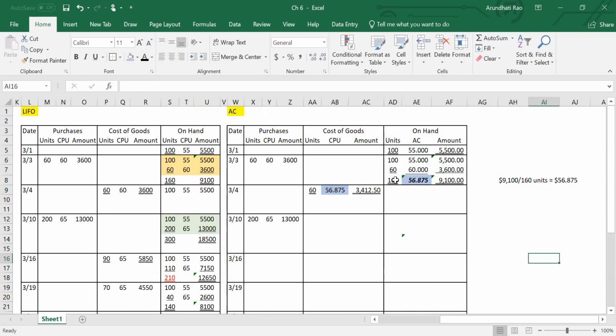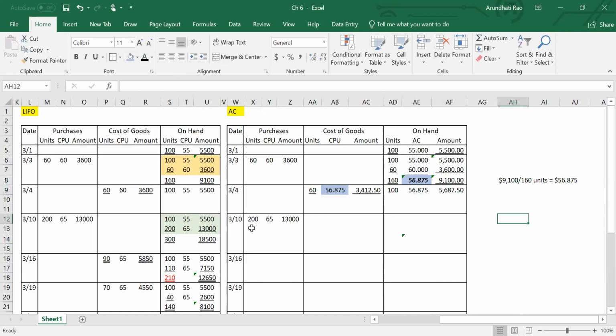What's remaining? 160 minus 60. 100 is remaining. I don't care which of the 100 is remaining, whether it's from the 60 or the 100, it doesn't matter. The average cost will stay the same, and the value on hand is 9,100 minus this number, or you could do this extension 100 times the average cost and come up with this answer.